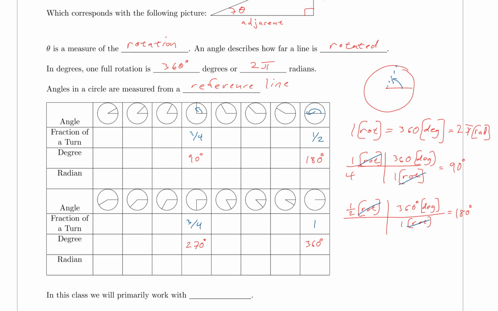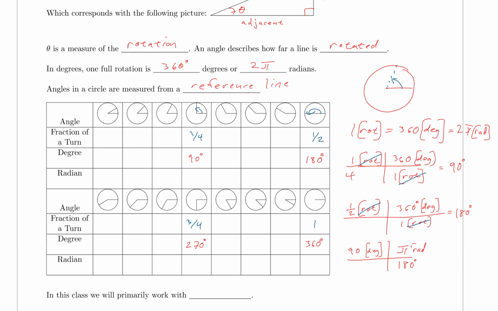Now let's look into how to convert from degrees into radians. Basically use the same setup. We'll take a look at this guy here. That's 90 degrees. So we'll write that out. 90 degrees. And we're going to say in 180 degrees we've got pi radians.